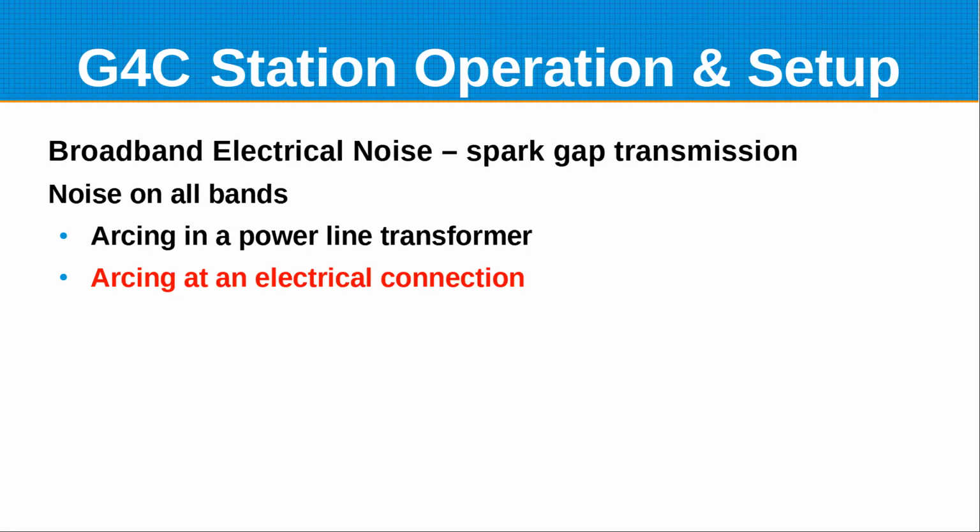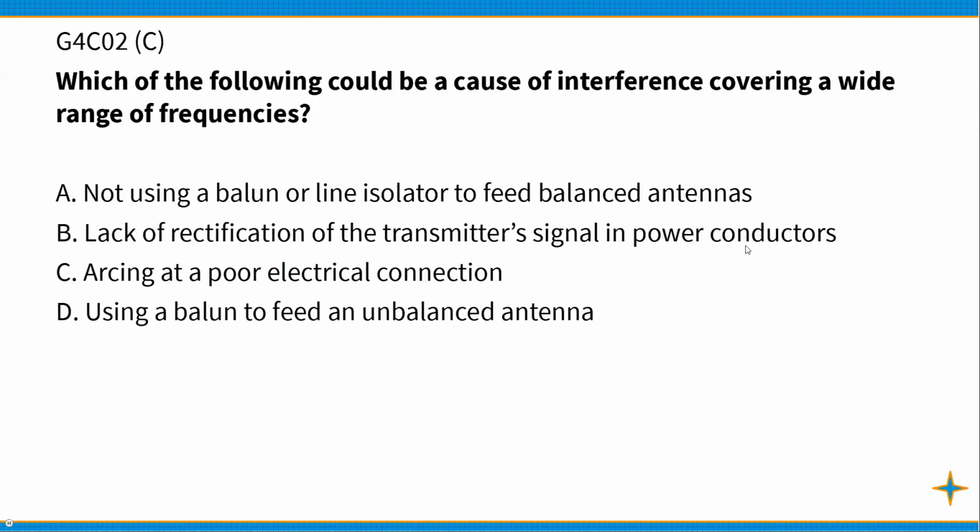Arcing at an electrical connection, a loose connection carrying power, could be on your coax. Your connector has worked itself loose, so it's not making good contact, and you're running a few hundred watts through it. You can get arcing, and all those will generate broadband electrical noise.